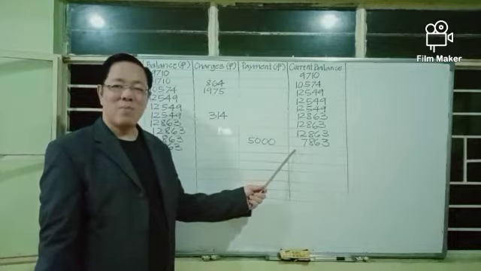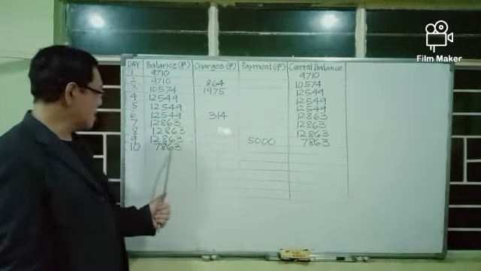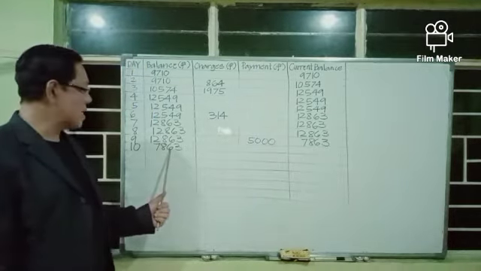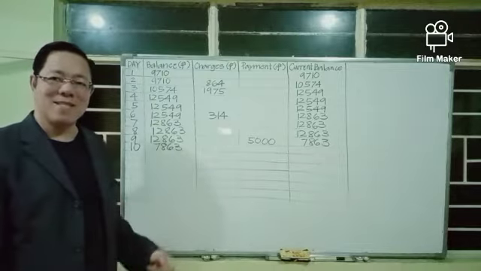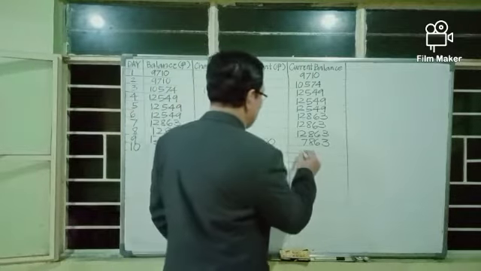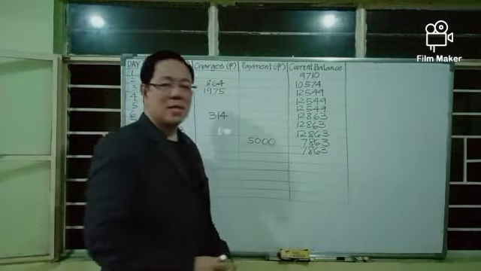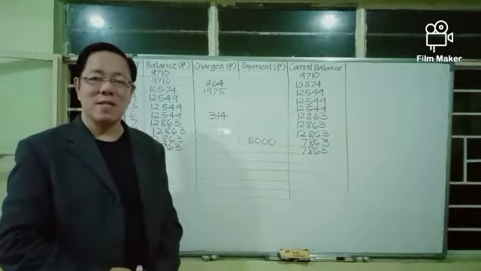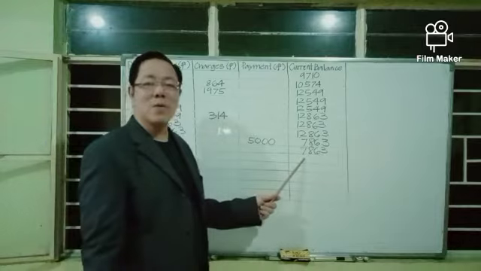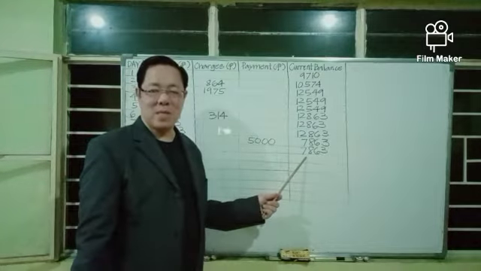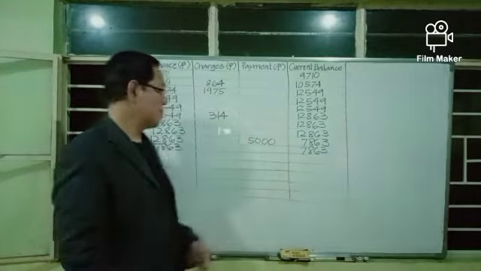Therefore, at the end of November 10, her current balance would be her balance at the beginning of November 10, 7,863. And this amount of 7,863 at the end of November 10 would be her balance at the beginning of November 11.